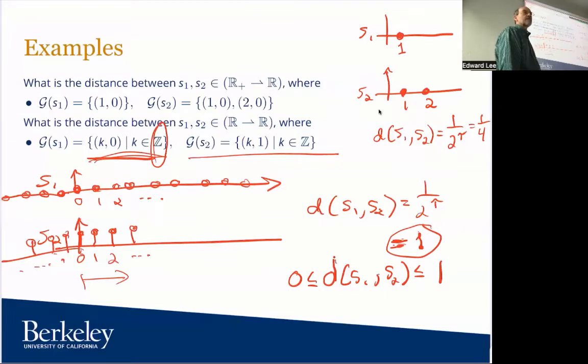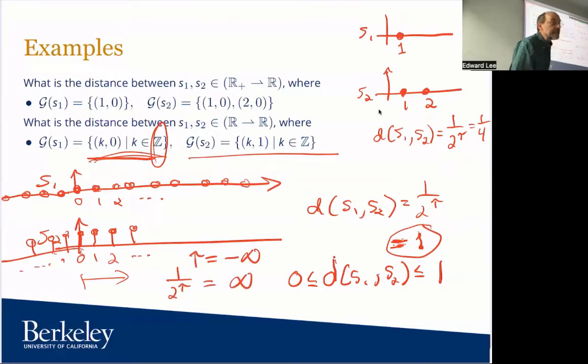So now what's the earliest time at which these signals differ? Well, now it's going to be -infinity. They've always differed, okay? So tau is -infinity. 1/2 to the tau is infinity. So if you have two signals that have always differed since before time, the distance between them is infinite.